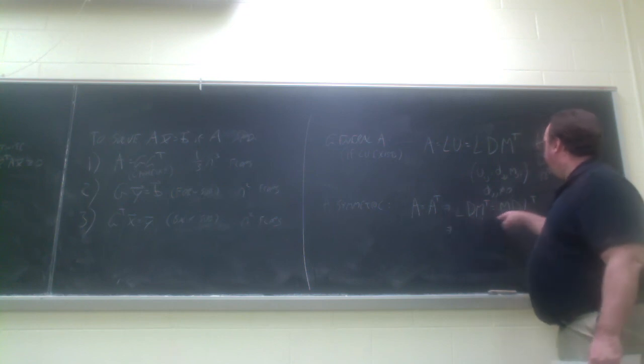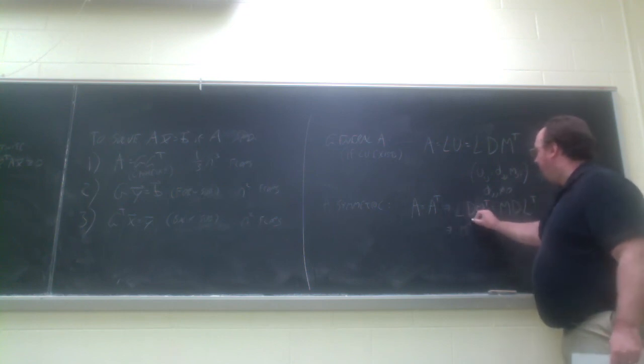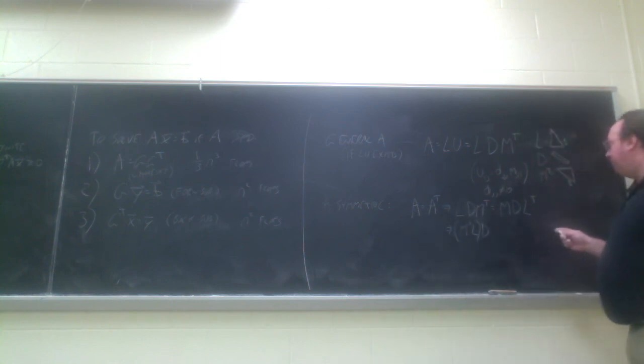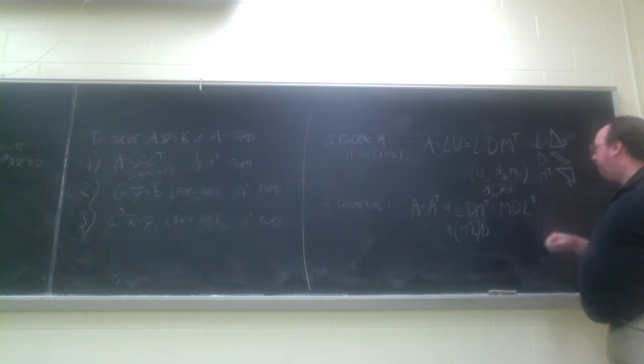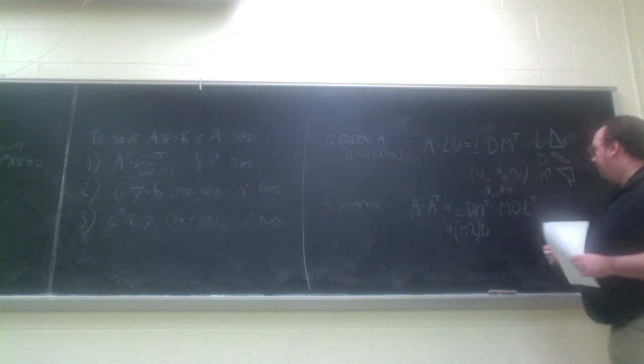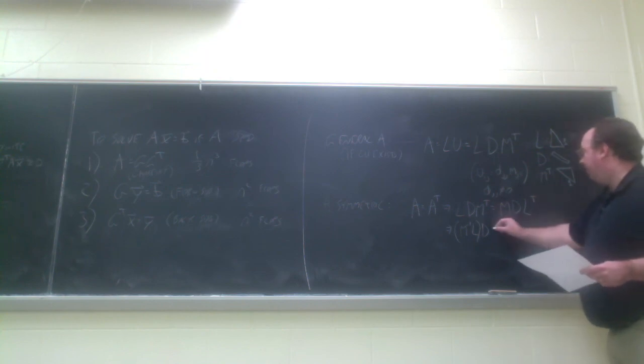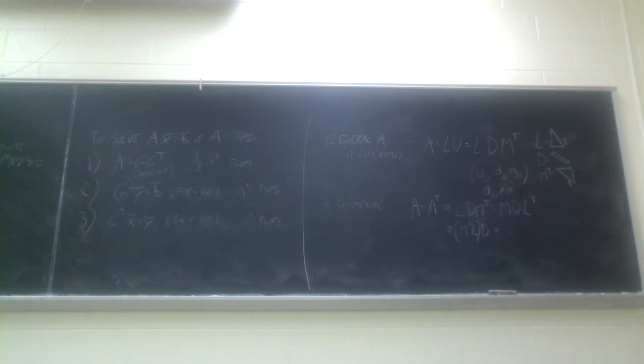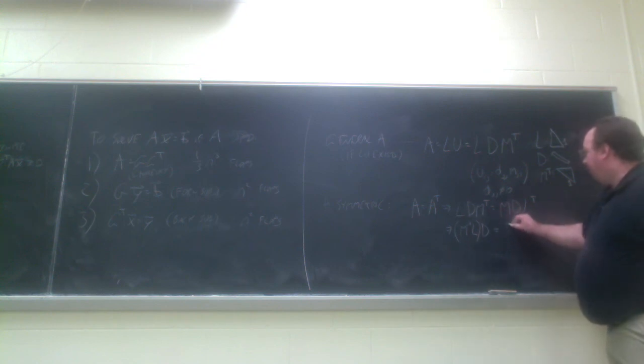So I can multiply both sides on the left by M inverse. And I want to multiply on the right by M inverse transpose. But that's going to give you this (M inverse L), the whole thing transposed.